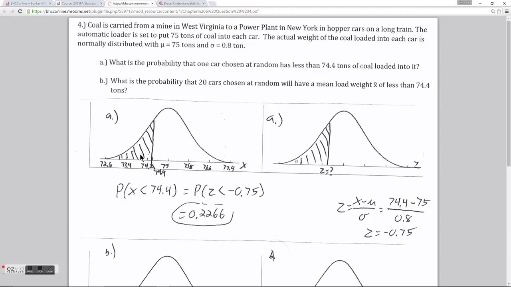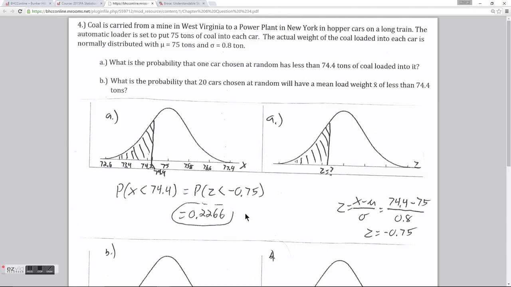That probability would be represented by the shaded region on the normal curve, and I can find this area by finding the equivalent area on the standard normal curve. I need to convert my value 74.4 into a z-value, and that ends up being negative 0.75. So to get this area, I'm finding the probability z is less than negative 0.75, which is an area to the left of that z-value.